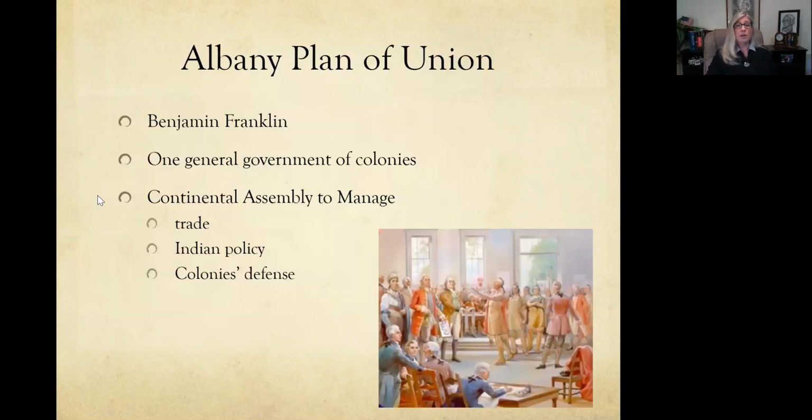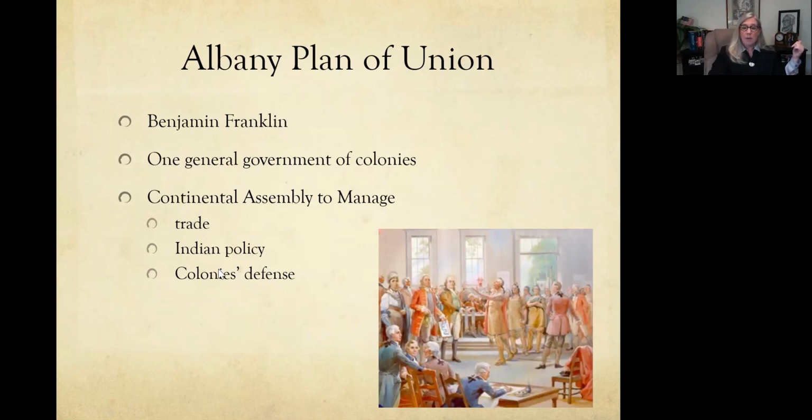So here's the Albany Plan. Benjamin Franklin again proposes the idea. He wants a general government of the colonies where there's still going to be independent colonies, but they're going to have a continental government that would be responsible for these key issues. Trade. Instead of trading and competing with one another, they're going to trade as a unit, getting better prices for goods that they're importing.